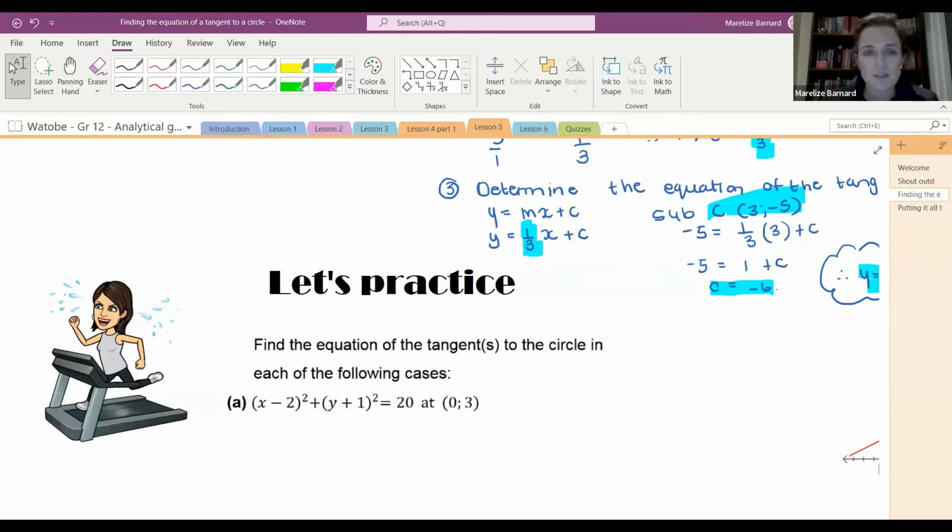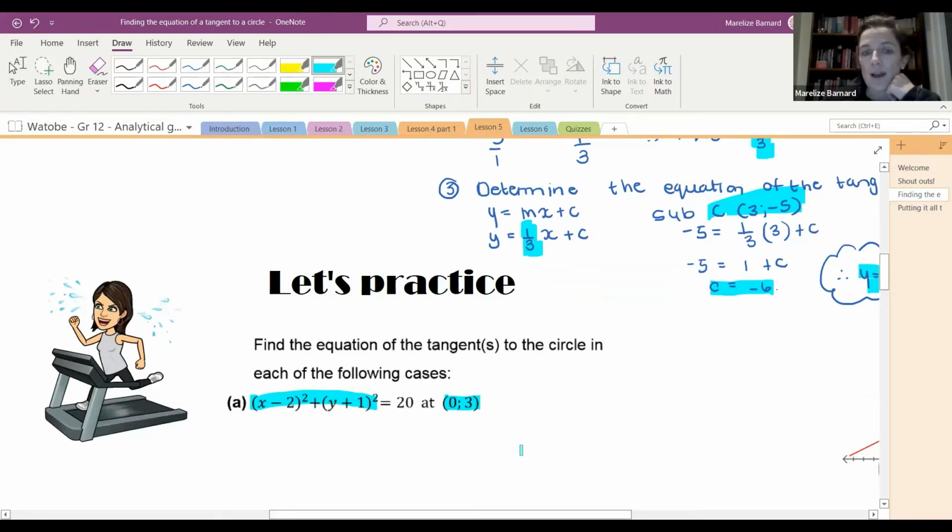So, for instance, in this case, we are given the equation of the circle and it says find the equation of the tangent or tangents to the circle in each of the following cases. So, there's my circle. This is the circle. And this is the point where the tangent touches.